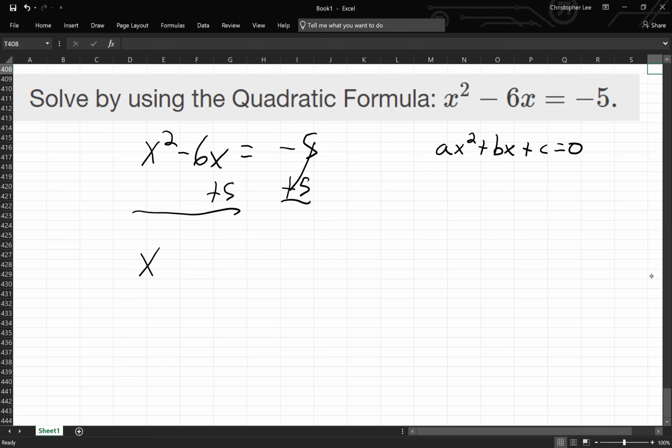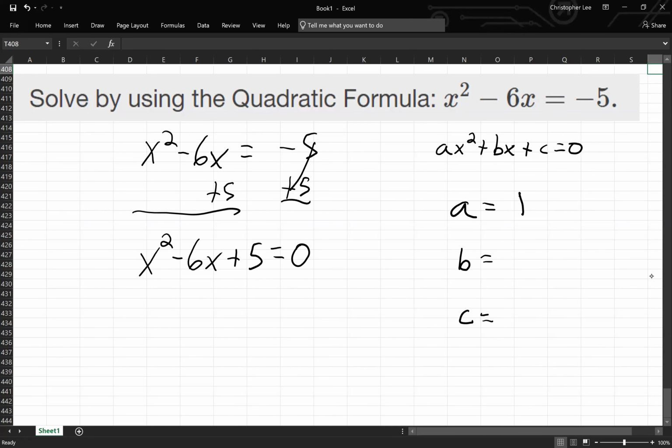So now what do I have? I have x squared minus 6x plus 5 is equal to 0. Now, what do I want to do? I want to identify what is a, what is b, and what is c. A is the number that's in front of the x squared, in this case 1.